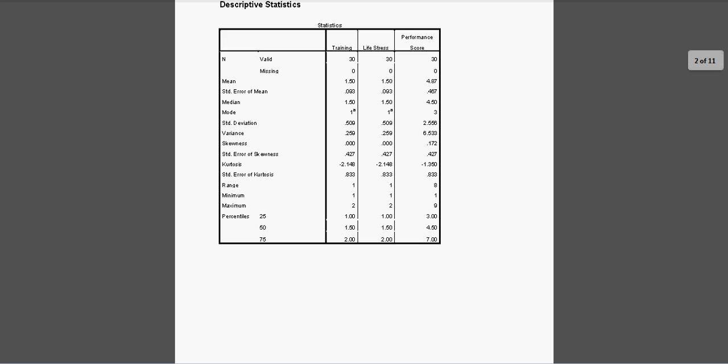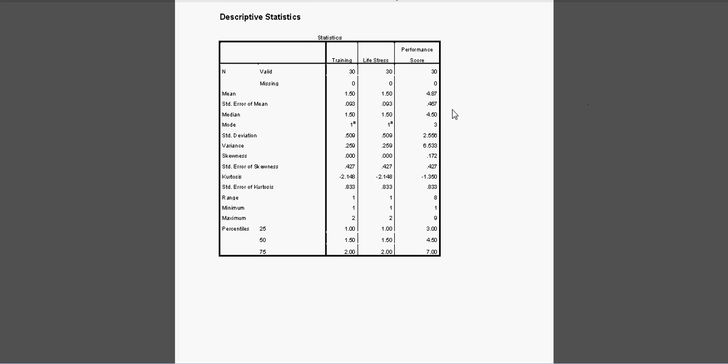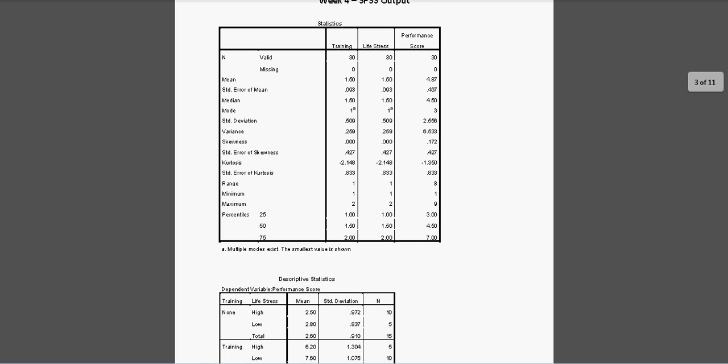As we look down our output, again, we have descriptive statistics. And we see our mean, median, mode, standard deviation for our performance. And remember, we're not going to report our statistics for the nominal variables. All right, moving on.